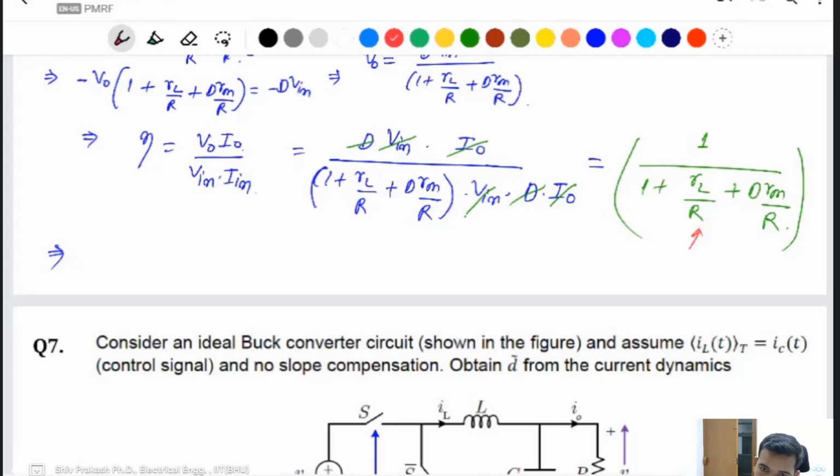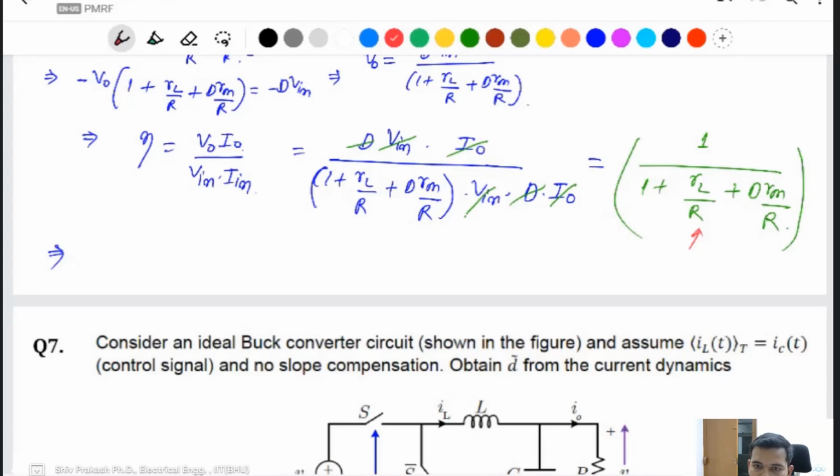Sir, because of the resistances in series with the switch and diode, it looks like only the voltage is getting affected. The current doesn't seem to be affected. What is the reason?